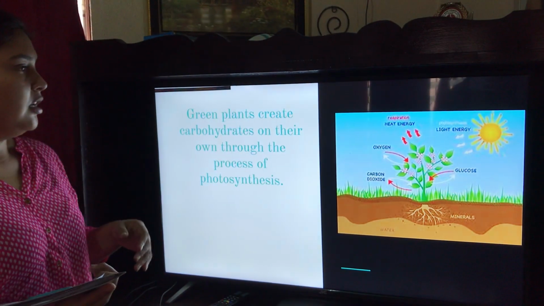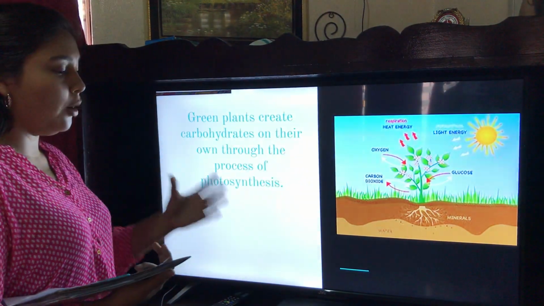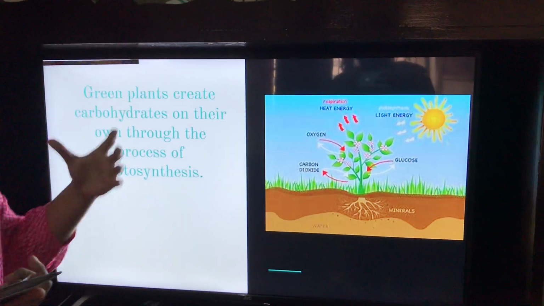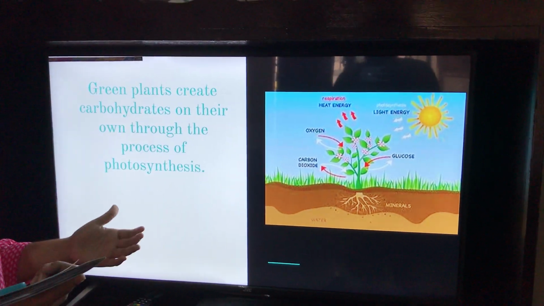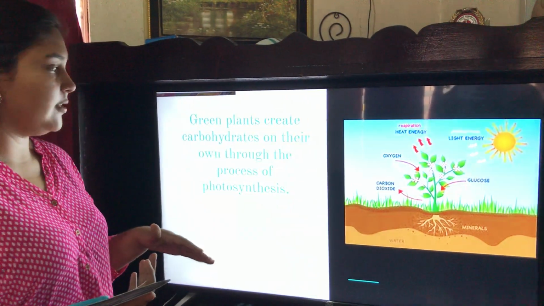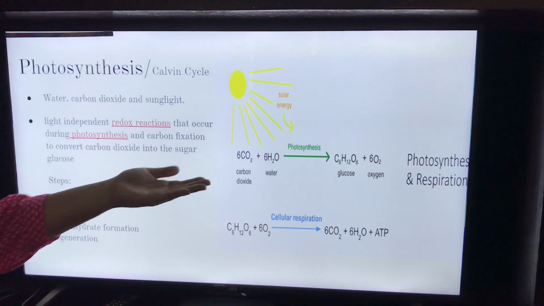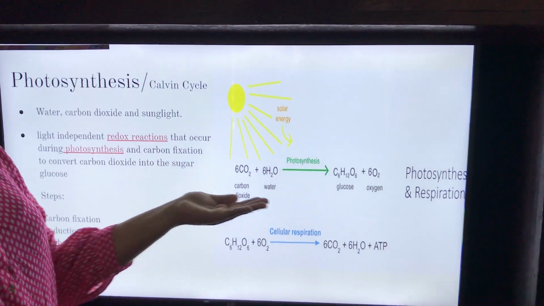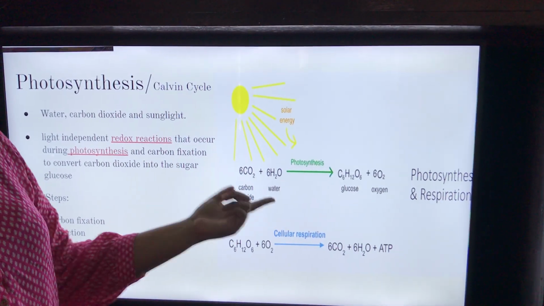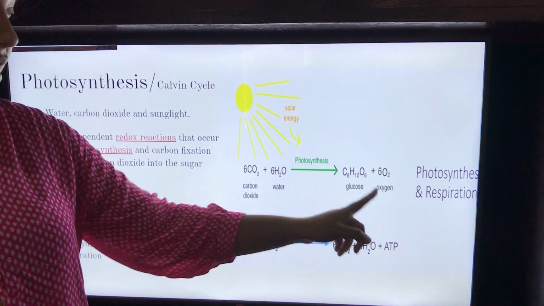So now we will talk about how plants use specific compounds to create carbohydrates to use as energy sources. And this is basically photosynthesis. Here is the equation for photosynthesis: carbon dioxide plus water, by using light, makes glucose and oxygen.